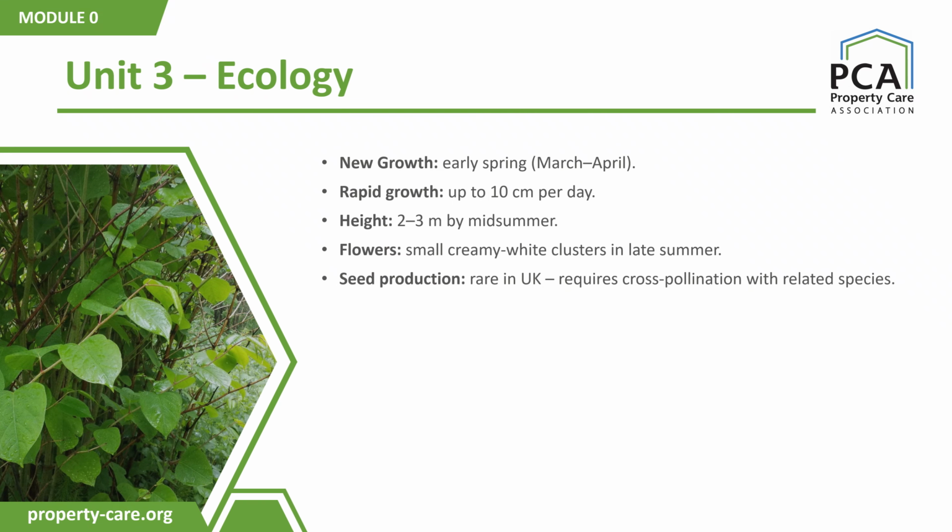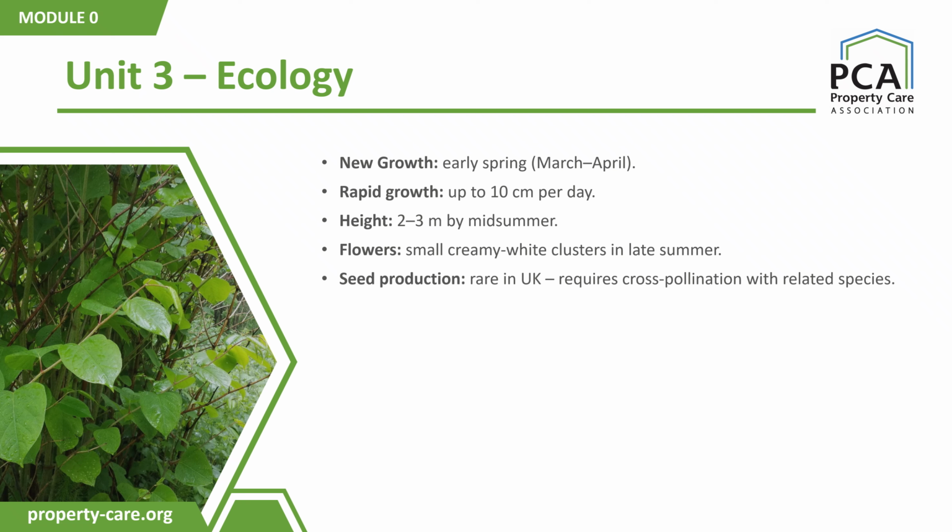Japanese knotweed has a distinct and predictable seasonal growth cycle. In early spring, typically between March and April, reddish purple shoots emerge from the ground. Although this may vary depending on your region, as knotweed in the north or in Scotland will typically emerge a little later compared to knotweed in the southeast.